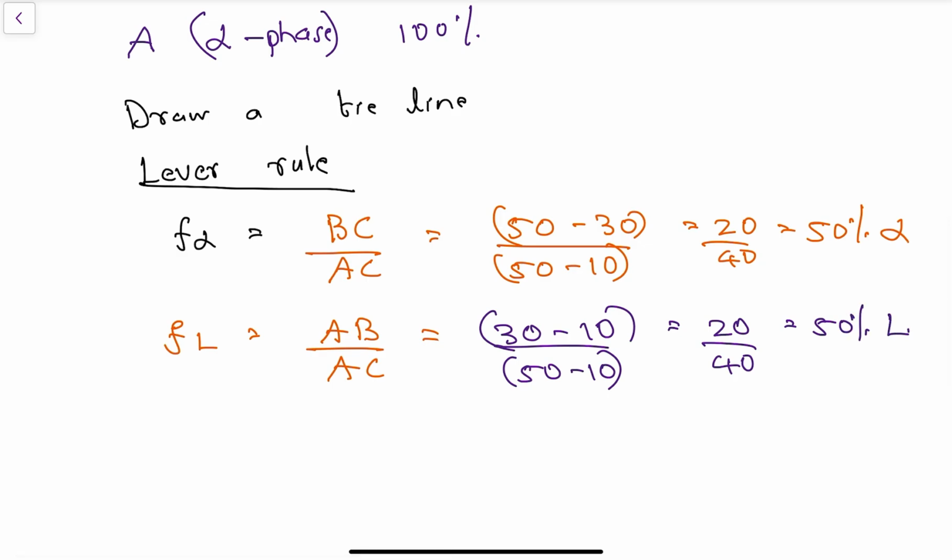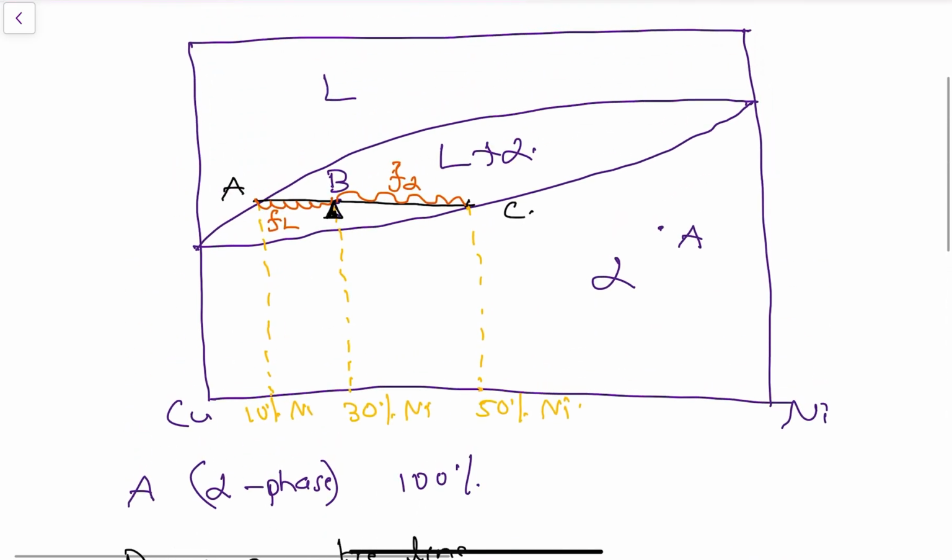So these are all equal percentages. You can use the same rule, for example, for this particular point C. Here also I will draw a line.